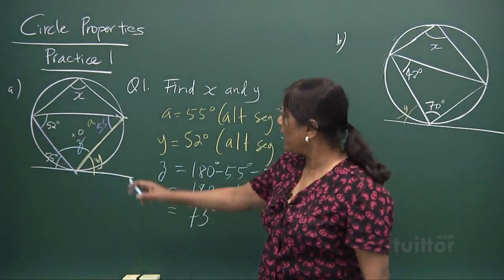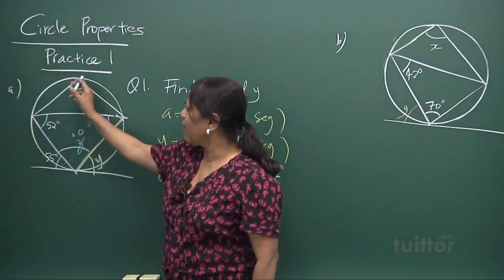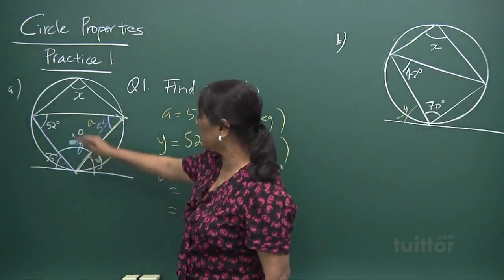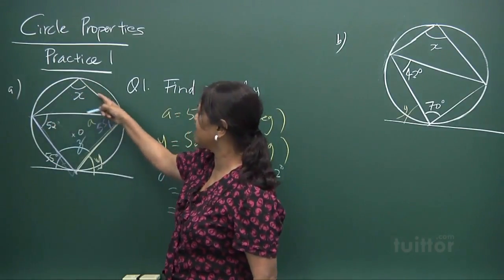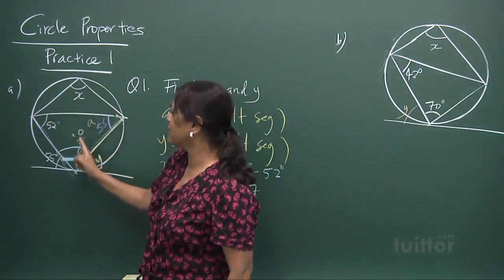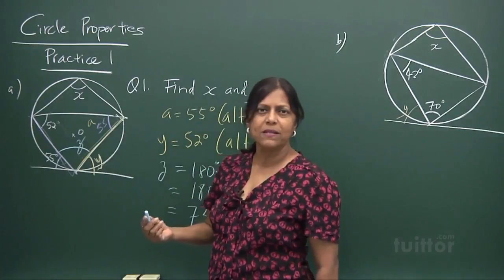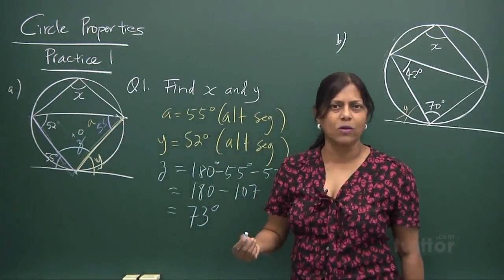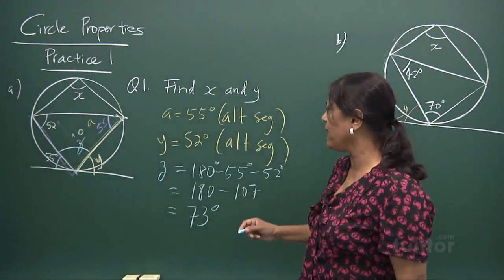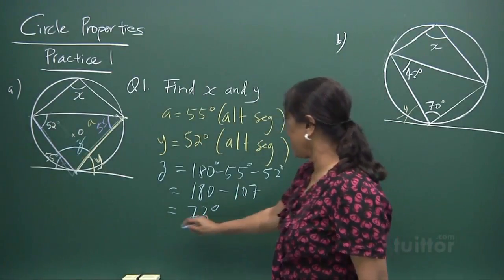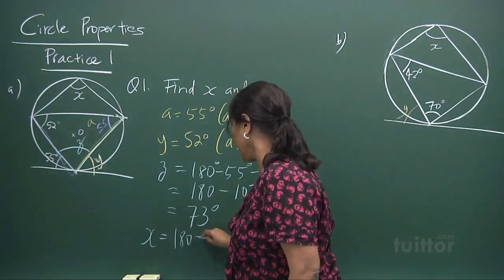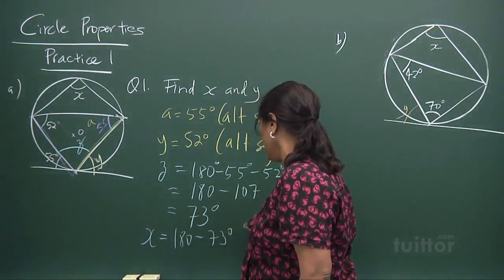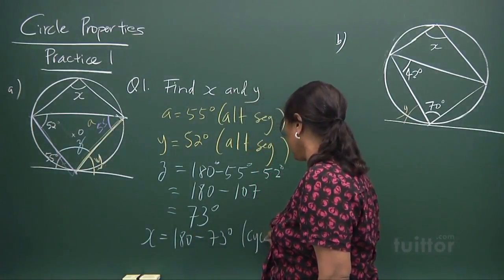Good. Now X and Z have two different arms. Look at this set of arms, Z and X. We call them opposite angles of a cyclic chord. So what is X going to be? X is going to be 180 minus 73 degrees, cyclic chord.